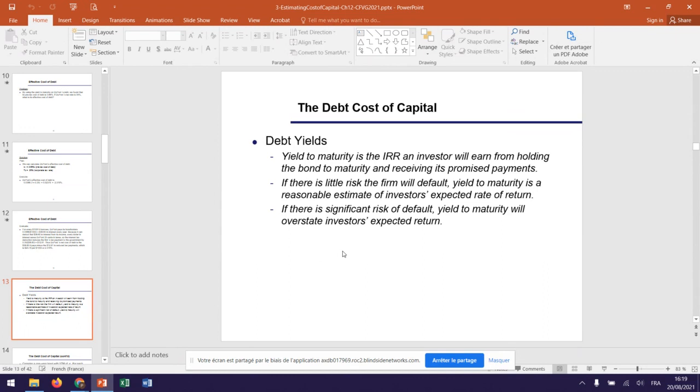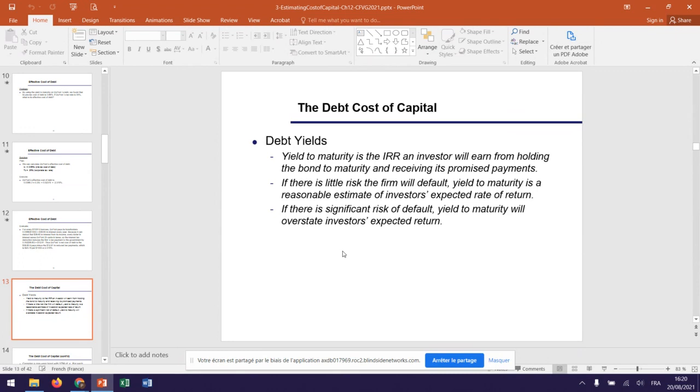Okay, so if you remember well, for the yield to maturity you take all the cash flows that bondholders expect to get, all those promised payments from the bond issuer. So if there is little risk of default, the yield to maturity can be used as a proxy, an estimate of investors' expected rate of return. Basically, we can use the yield to maturity as the cost of debt.